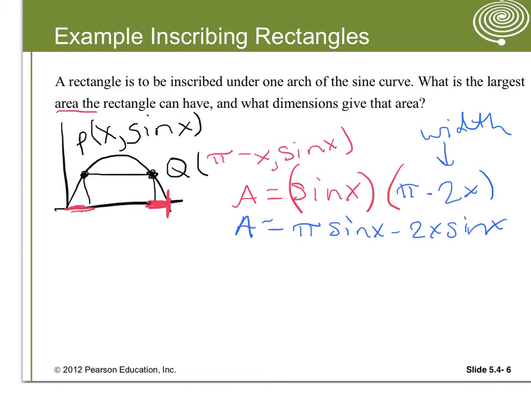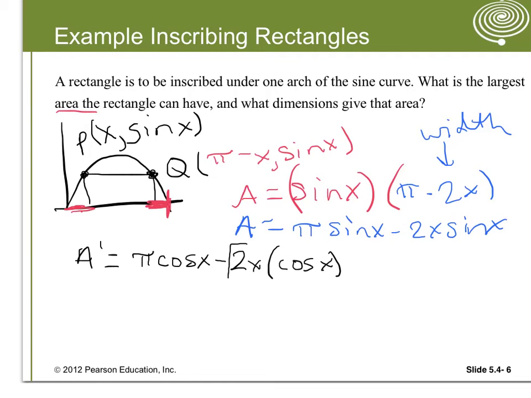Now we're ready to take our derivative of that. So A prime, this is the derivative of that area of the rectangle function, is: derivative of sine is cosine, so pi times the cosine of x, minus, here I have to use my product rule, so 2x times the derivative of sine, which is cosine of x.